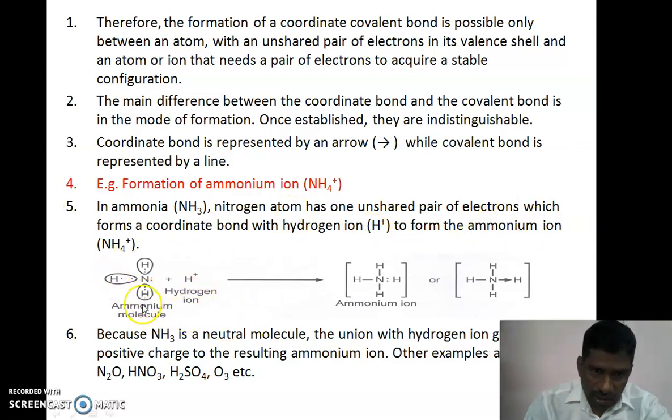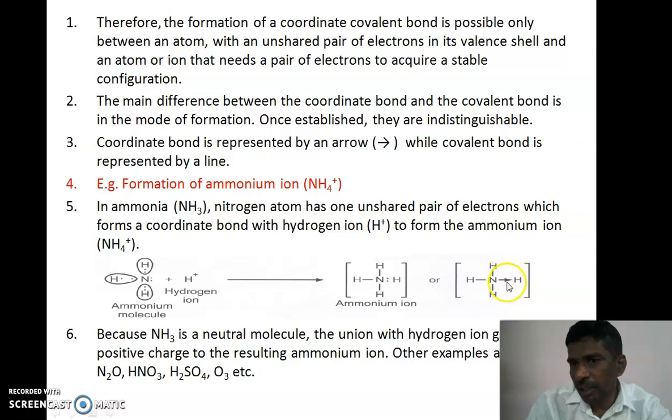Ammonia is a stable neutral molecule, but the hydrogen ion is unstable, and therefore the nitrogen shares its electron pair with the hydrogen, which accepts the pair of electrons, and forms the ammonium ion. The bond forms between these two atoms, nitrogen and hydrogen, through this pair of electrons.